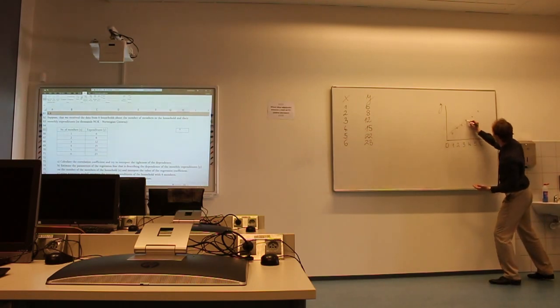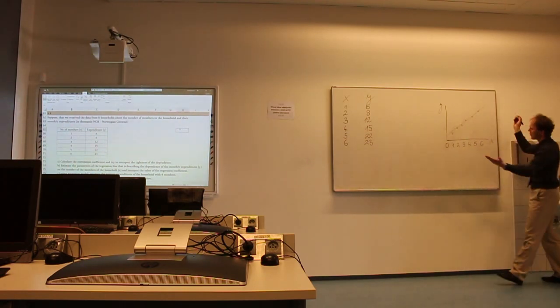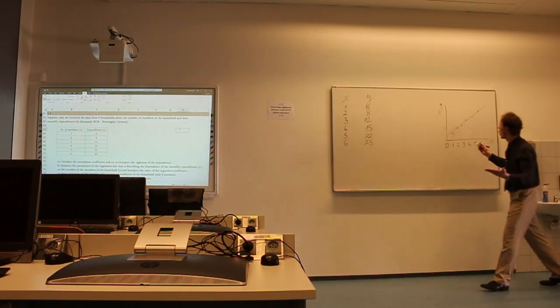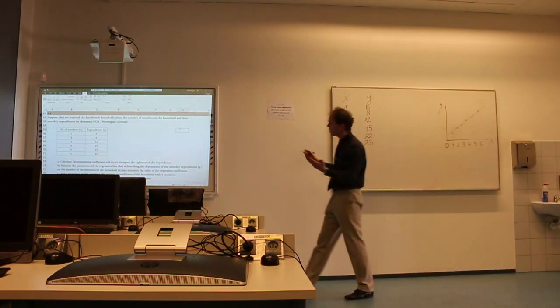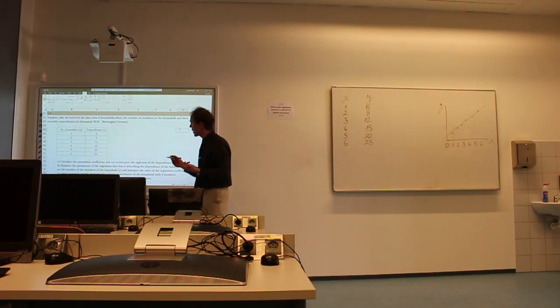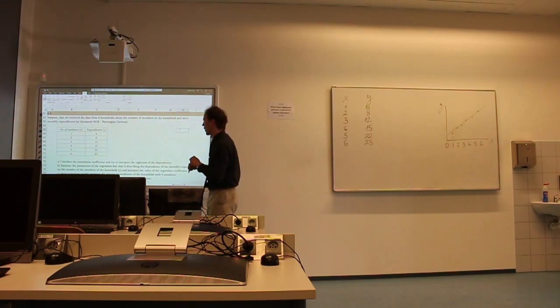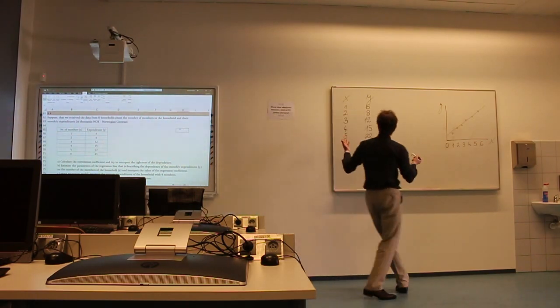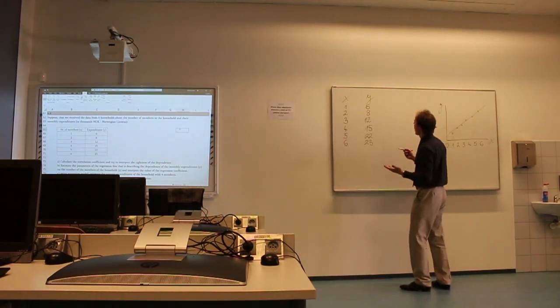More money is necessary if you have more persons in your household. So we would like to describe this dependence between the number of members in the household and monthly expenditures, and calculate the correlation coefficient in the same way as before.